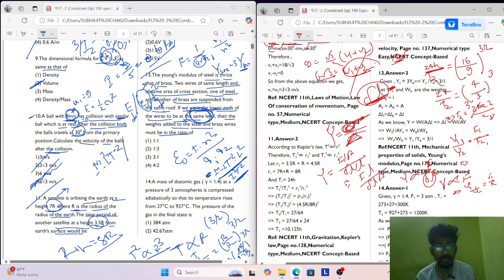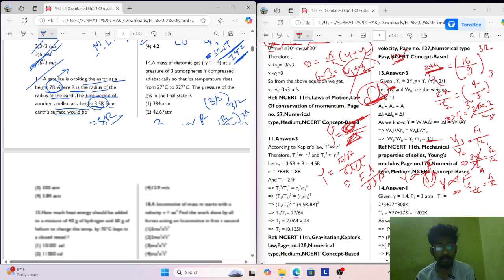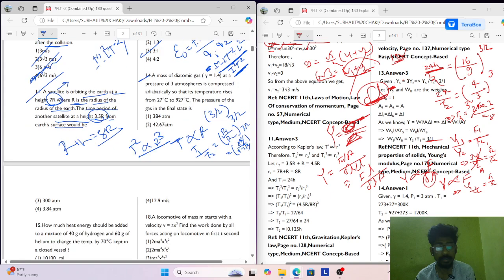Y1 for steel is 3 times Y2, already given in the question. Y2 will cancel out. So F1 by F2 will be the ratio, that is 3 by 1. That means 3:1 will be our ratio. Ratio will be simple.